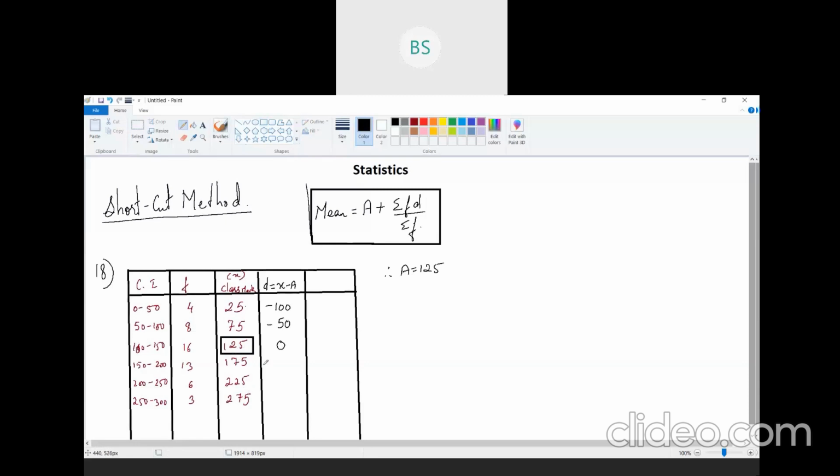So go on subtracting. 175 minus 125. This will be 50, then 100 and 150. Got this?